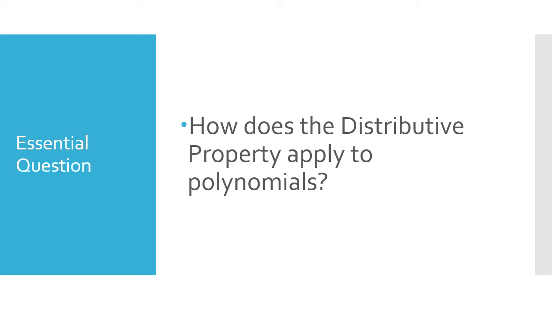So our essential question was, how does the distributive property apply to polynomials? You've used the distributive property before when it just has to do with integers, and in the bell work from this week, you have also been using it to multiply an integer factor times a polynomial factor. That's what you do anytime you saw a problem like 3 times 2x plus 4.